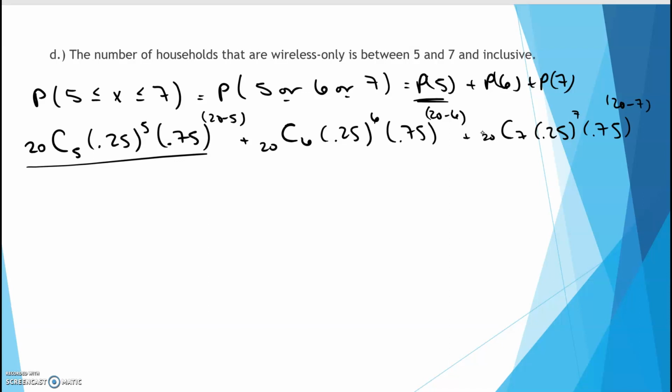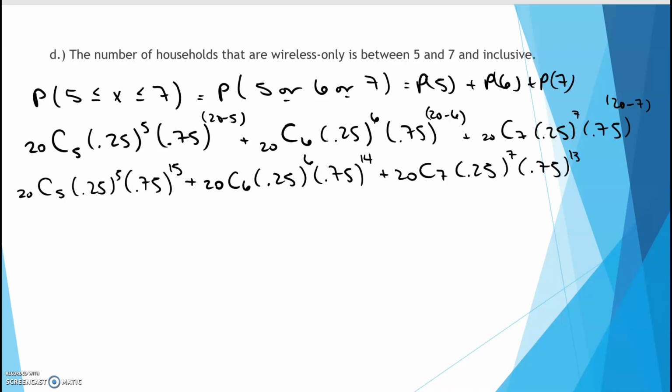Okay, now I've got all 3. And I'm just going to clean this up a little bit by taking the 20 minus 5, 20 minus 6, and 20 minus 7. It should look like this right here. So for this first one, what you should get is 0.2023.